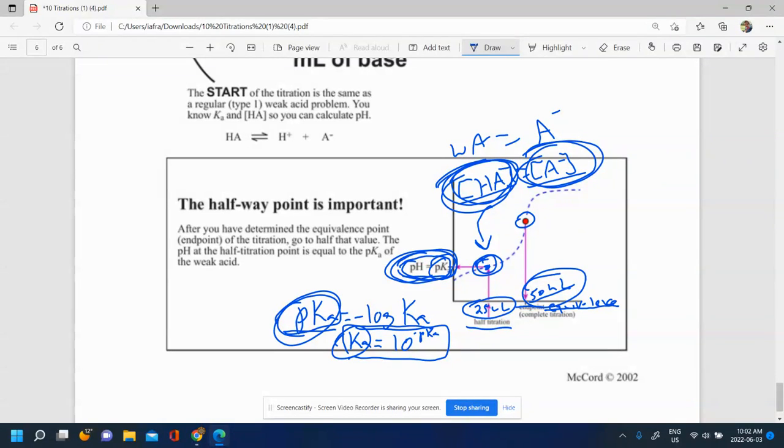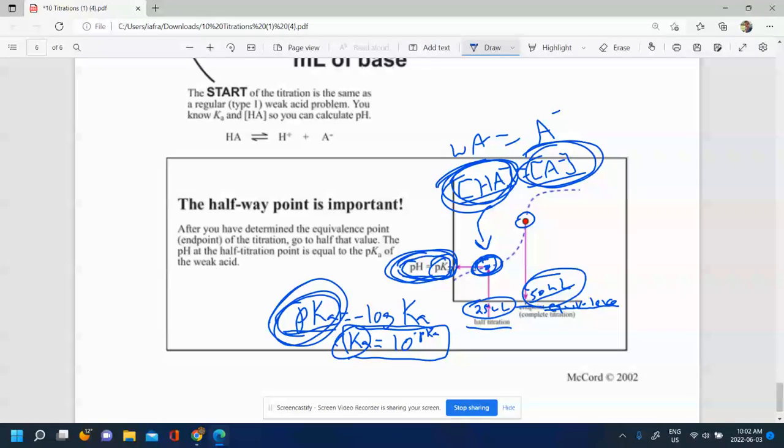Also, another way you can look at this as well is, let's say you're doing a titration and you know the Ka of your weak acid. If you know the Ka of your weak acid, you could find the pKa. And once you've reached the pH that's equal to that pKa, you can already know where your equivalence point is going to be.